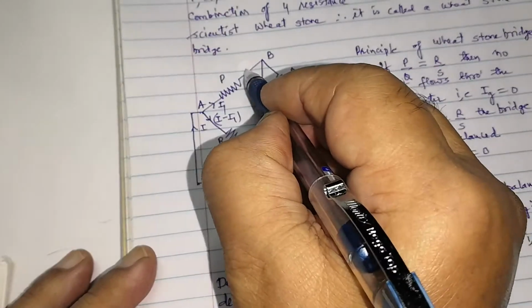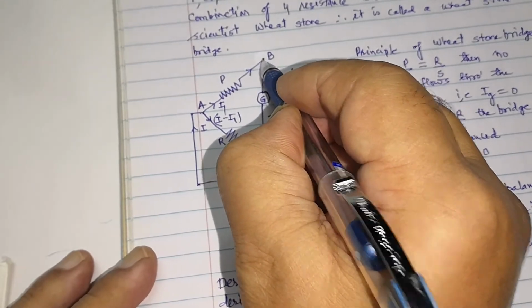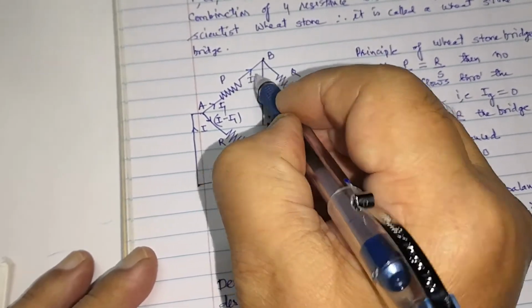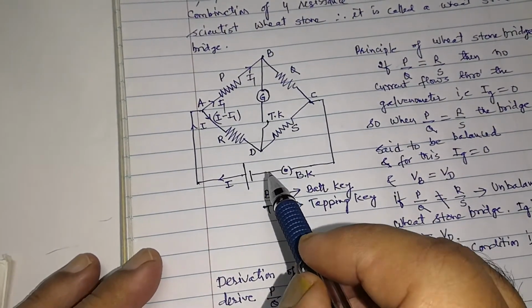Now at the point B, junction point B, again we can apply Kirchhoff's current law.